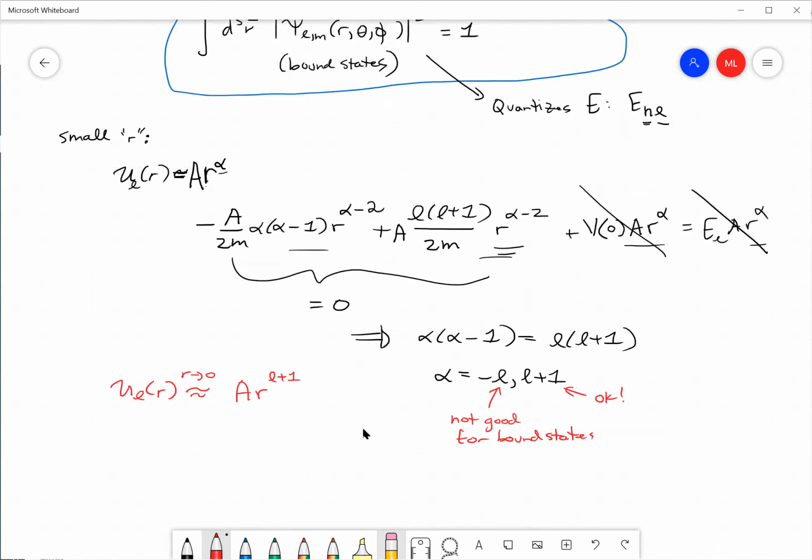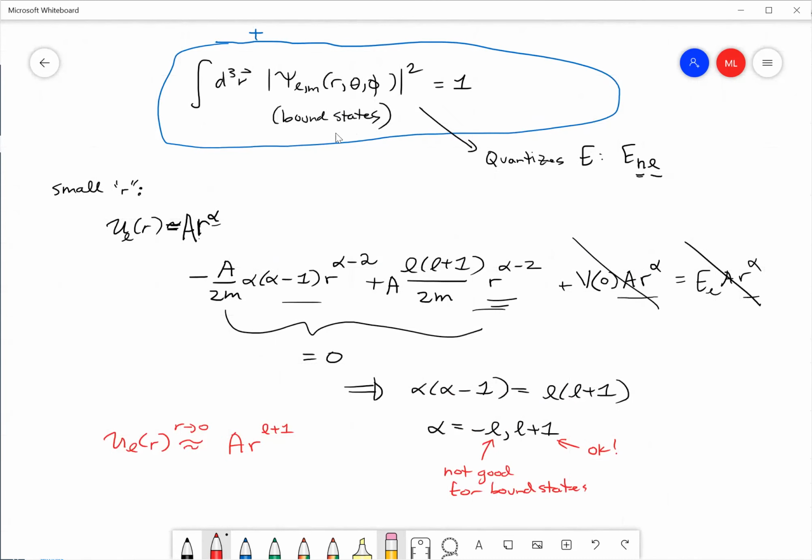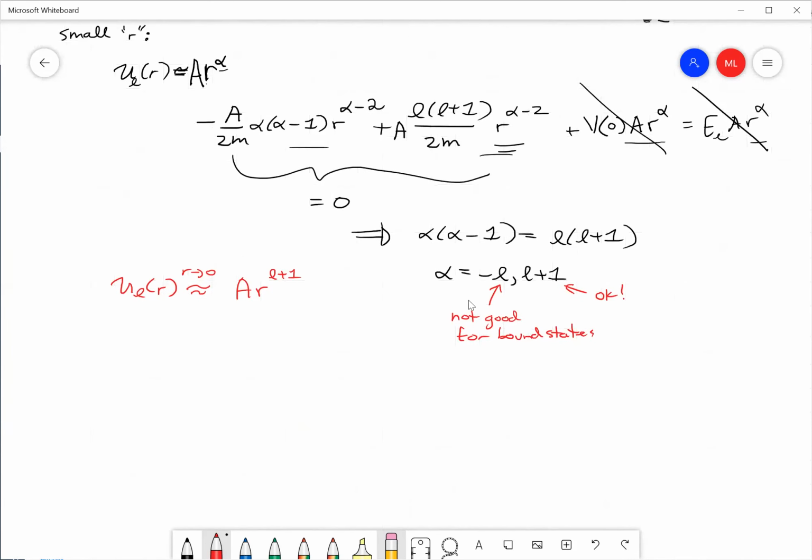So, okay. If we deal with scattering states, which don't have to be normalizable, things are a little bit different, and we could have this other solution here. We'll look at scattering solutions later.